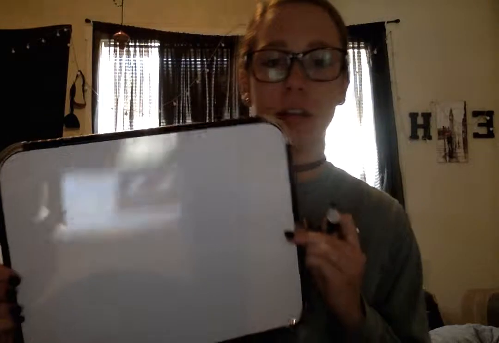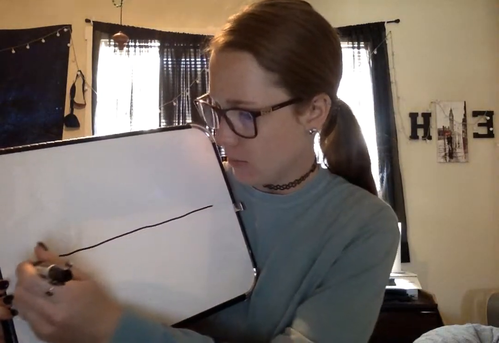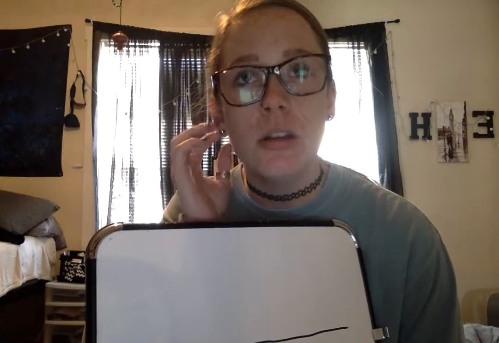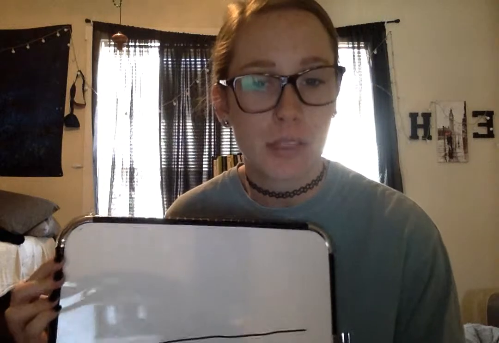So we're going to start by drawing a line for your timeline, like that. Let's say we're going to do the beginning of school until the end of school, and you're trying to figure out how much time is in between that, which is the elapsed time.